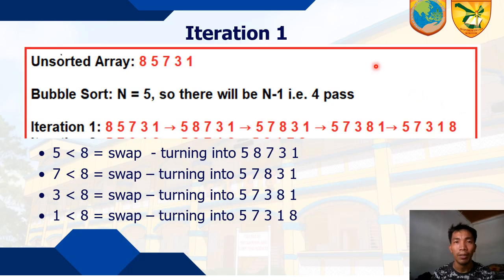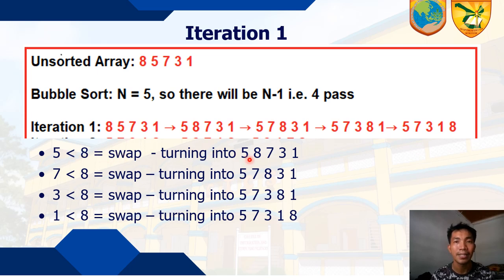So the bubble sort algorithm starts with the first two elements, 8 and 5. Since 5 is smaller than 8, we swap them.